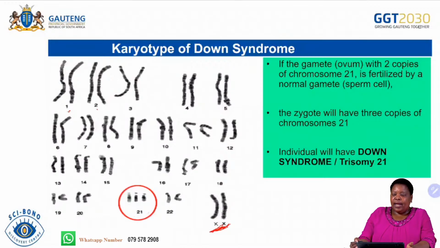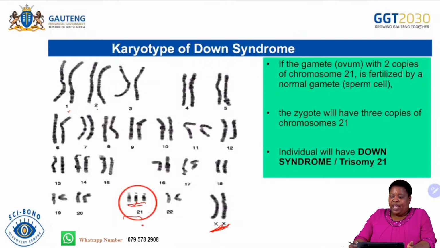Now let's check. If a gamete or ovum with 2 copies of chromosome 21 is fertilized by a normal sperm cell, what is going to happen? The zygote will have 3 copies of chromosome 21, as you can see here. So the individual will have what?